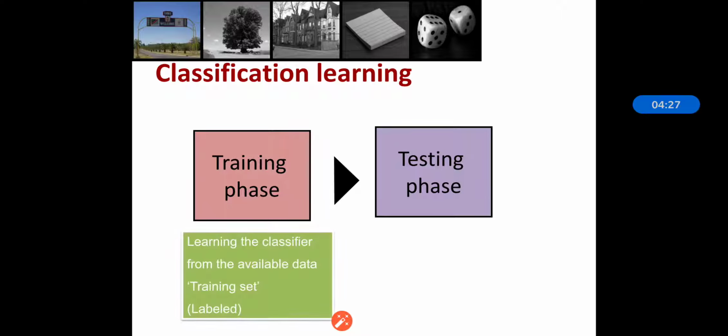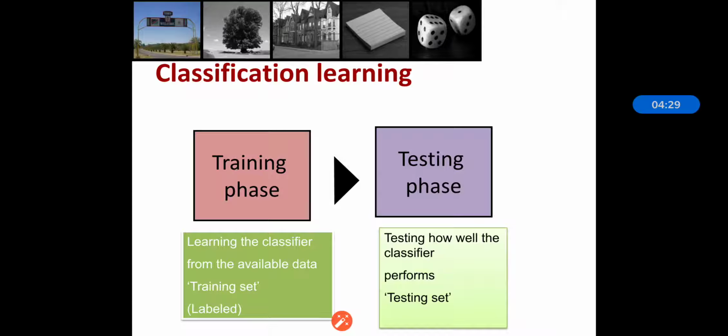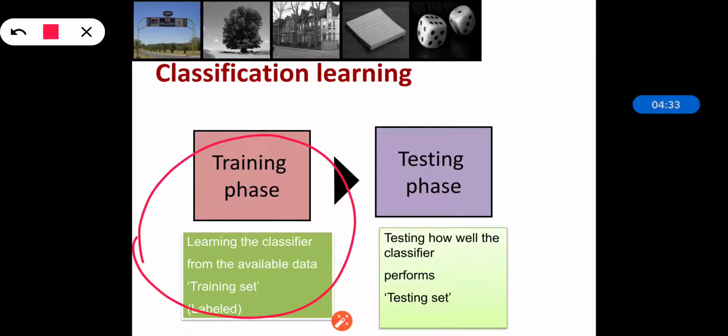Here you can see what training is: learning the classifier from the available data. The classifier is the main thing in both training and testing. In the training phase, we learn the classifier from the available data, that is the training set, in the format of labeling, which we are calling the tagged data, and then it is forwarded to testing.